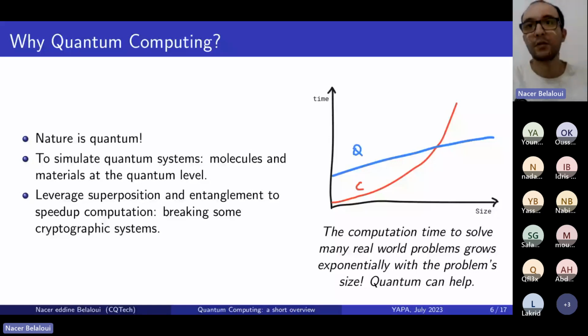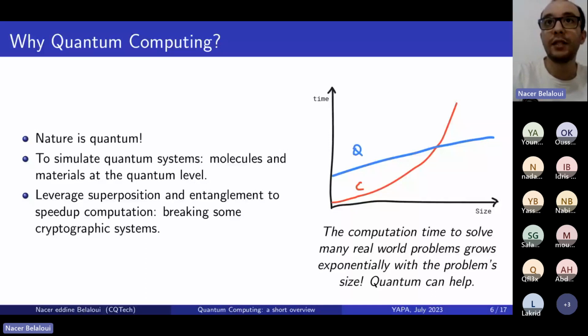So if we want to simulate nature, we had better have a quantum system to simulate it. If we use a classical system, it's possible on paper to simulate it, but we will need too many steps, too many time resources and space resources to simulate nature, or the quantum nature of our universe.